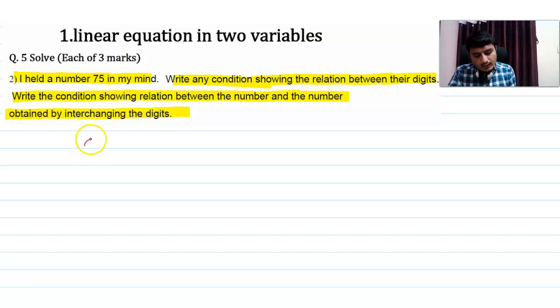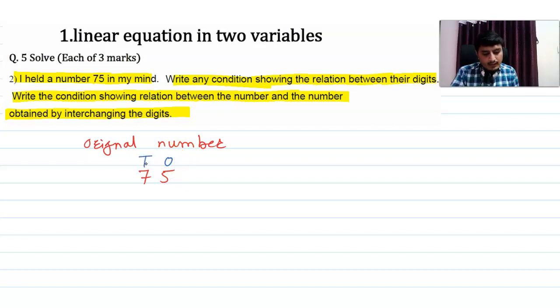The original number is 75, where 5 is at the 1's place and 7 is at the 10's place. Once we interchange the digits, the new number has 5 at the 10's place and 7 at the 1's place, so we have 57.